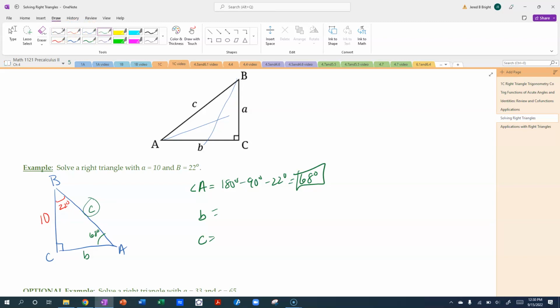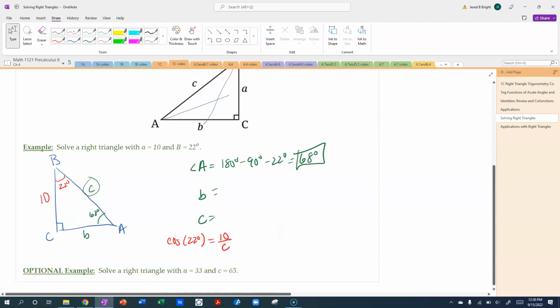So to find C, that's the hypotenuse, I'm going to need to use a trig function because I'm going to need an angle and a side. So I'm going to do cosine. Cosine of 22 degrees is equal to 10 over C. Now I don't normally work horizontally, but I'm going to have to.